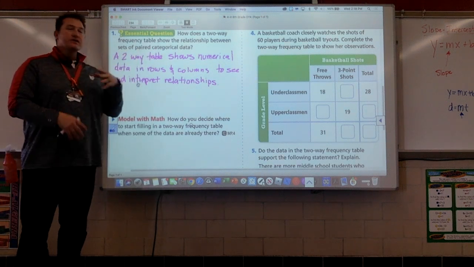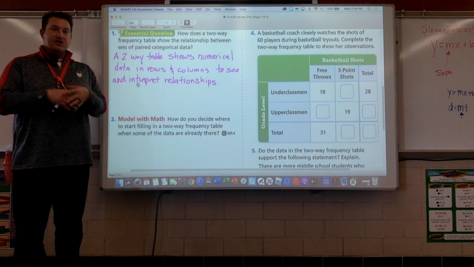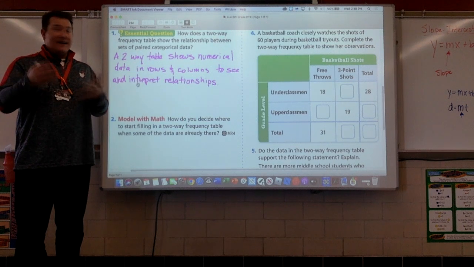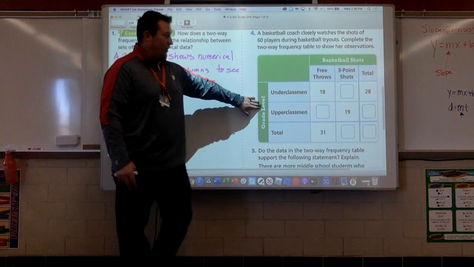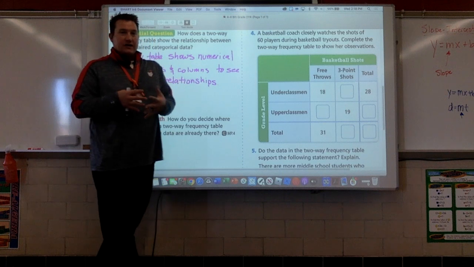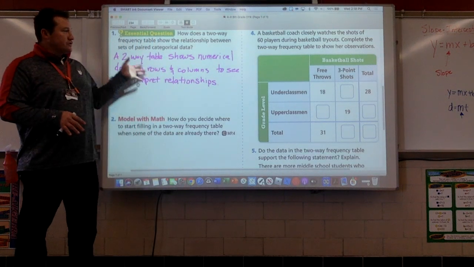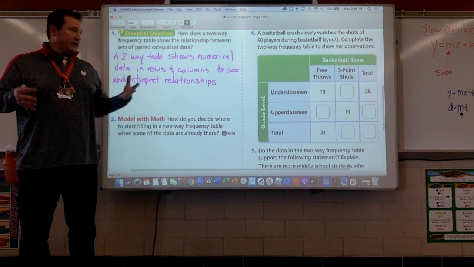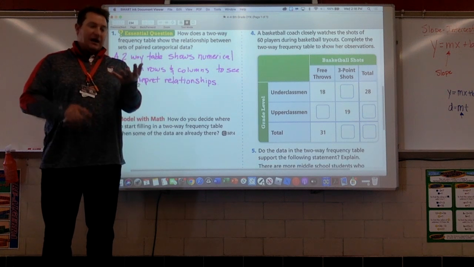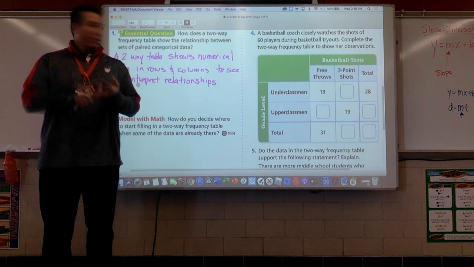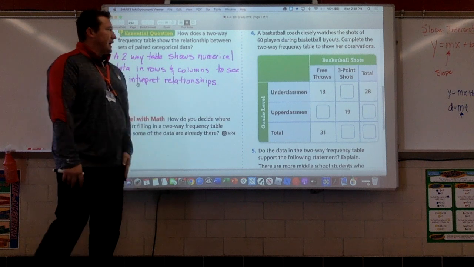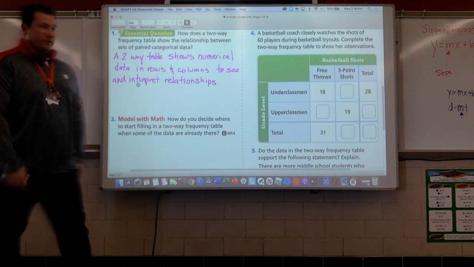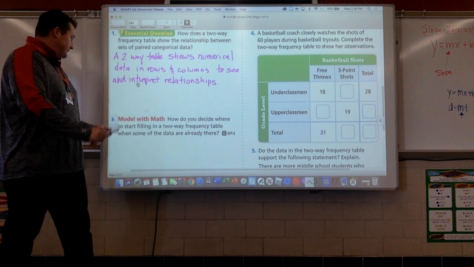But we use these two-way tables to see relationships between whatever our data is. Like in this one over here, we have grade level and basketball shots. We will use the rows and columns and the numbers in that to see if there's any patterns or if we can interpret the data. So that's what we got going on with two-way frequency tables.